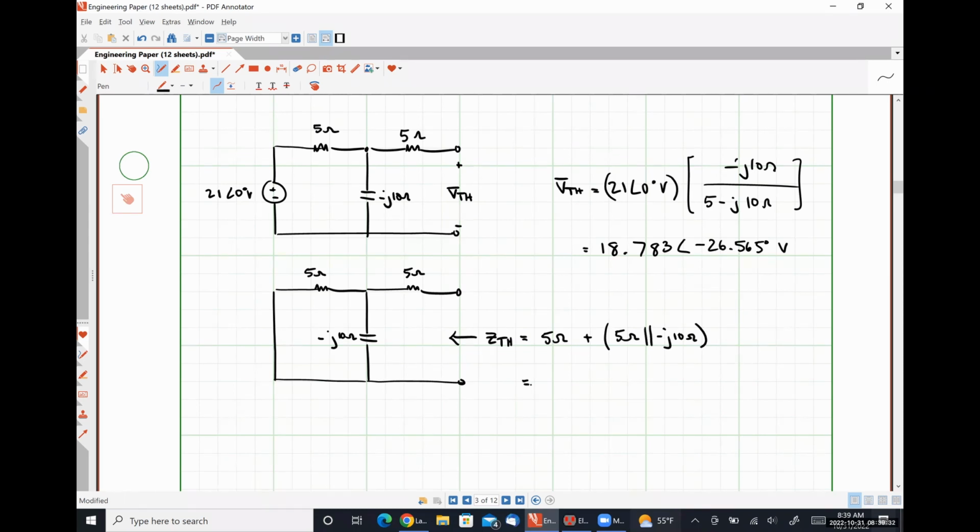I'm going to throw this in my calculator. So that's 5 plus 5 times negative J10 over 5 minus J10. Looks like 9 minus J2 ohms. Anybody else get something?